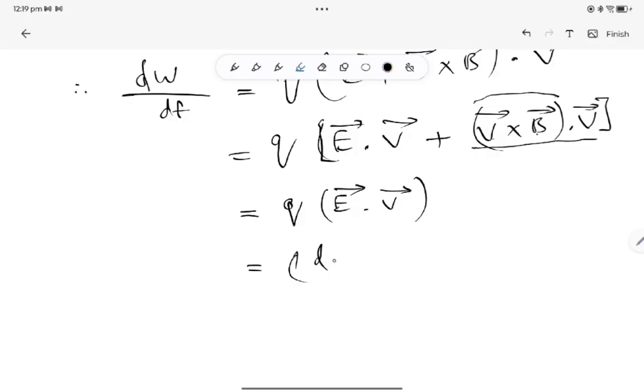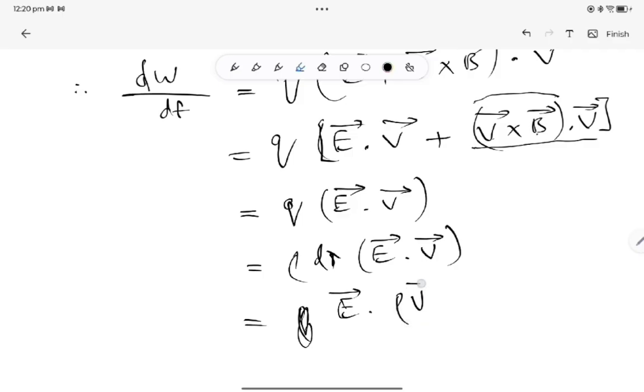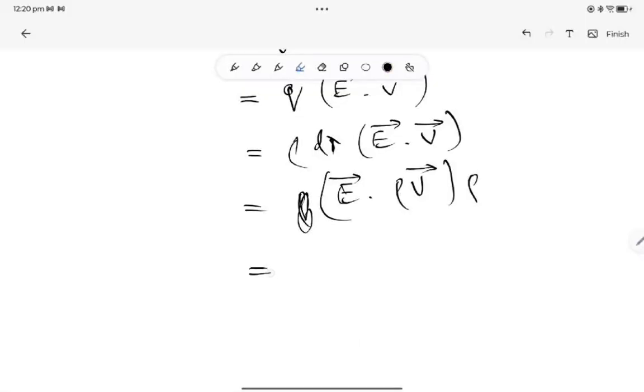So you have rho d tau into E dot V, that is E dot rho V d tau. Now rho V, as we saw, is the current density. This gives us E dot J d tau.